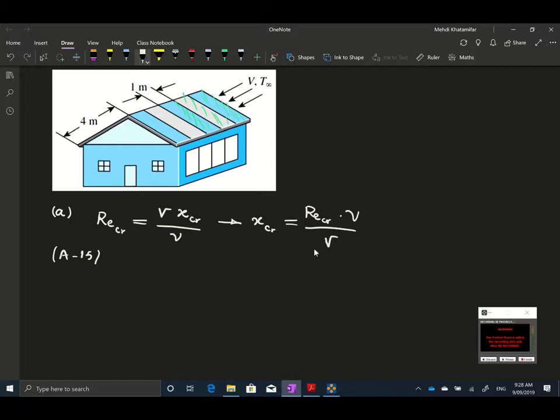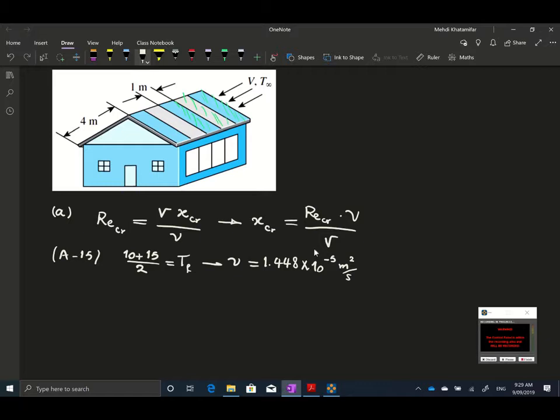For which temperature? 10 plus 15 divided by 2, which is the film temperature. And nu is going to be 1.448 times 10 power minus 5 meter squared per second.